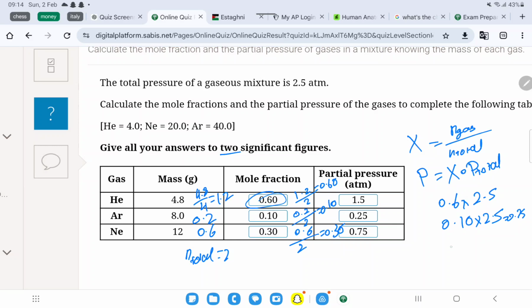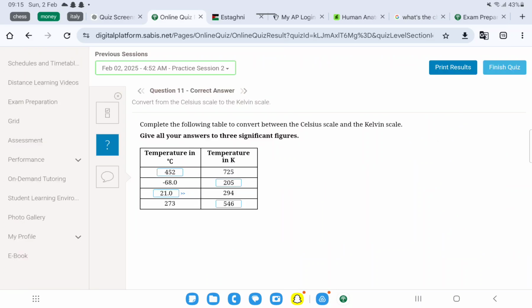And then for neon, 0.3 times 2.5 equals 0.75, two significant figures. So this is how you get this question.